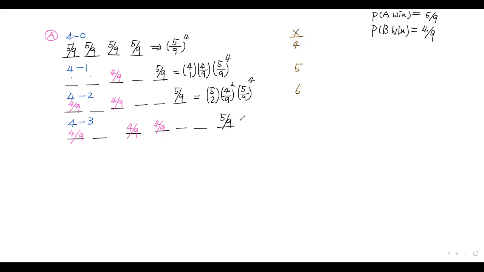So what is the probability here? 1, 2, 3, 4, 5, 6. So you need to have a 6. You choose 3. But what is this 3? This 3 is losing. So it's 4/9 to the third. Then your winning is 5/9 to the fourth. So how many games here? 7, right? All right. So this is A winning. We also say could it be B winning, because right now you cannot just double it, right? Because the odds are different.